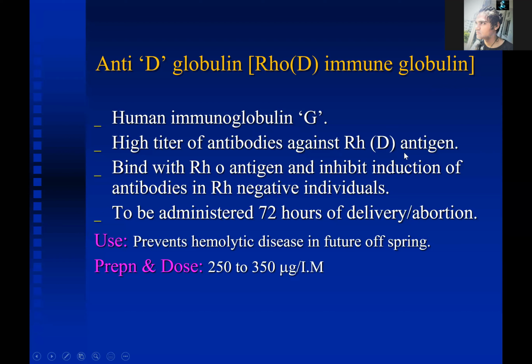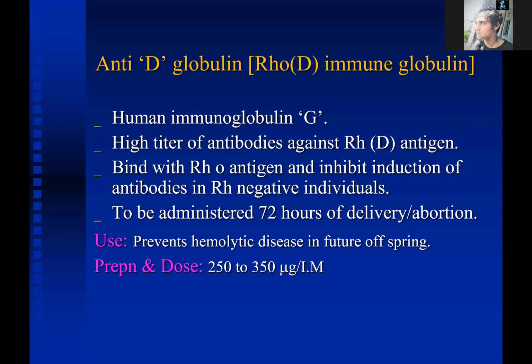During the first pregnancy, she will be exposed to this positive antigen, and there will be production of antibodies against this Rh positive antigen, and it will be stored in memory. So in the next pregnancy, what will happen? There will be abortion or destruction of the fetus.